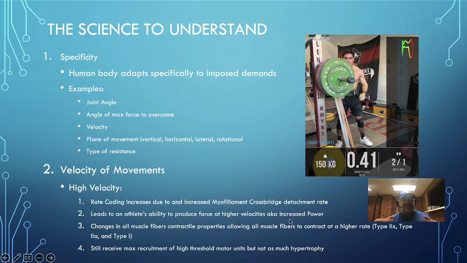And then you still receive max recruitment of high threshold motor units, which is super important for multiple reasons, like creating force, hypertrophy. But in this case, hypertrophy might not be as much as it would if you just went straight weight and grinded it out.